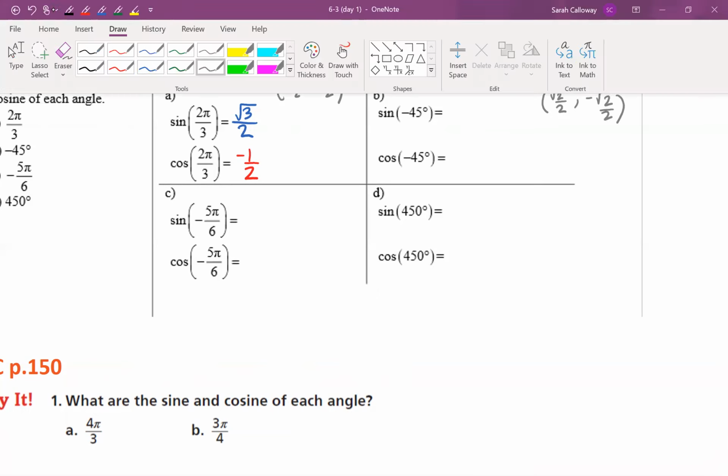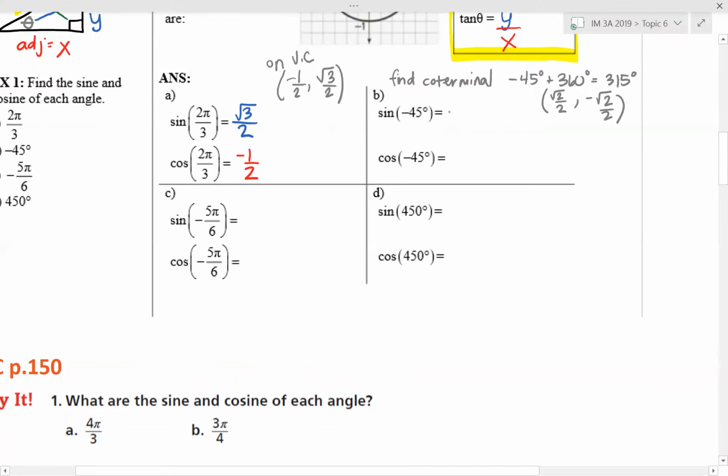The y coordinate is our sine value. So sine of -45 is -square root of 2 over 2. And the x coordinate is our cosine value. So cosine of -45 degrees is the same as cosine of 315, which is positive square root of 2 over 2.